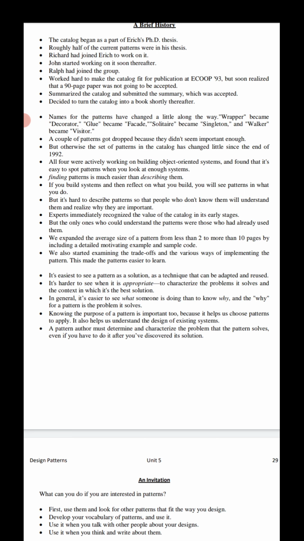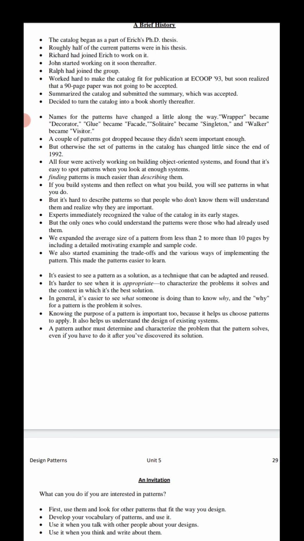We studied the creational design patterns: abstract factory, builder, factory method, prototype, and finally singleton.